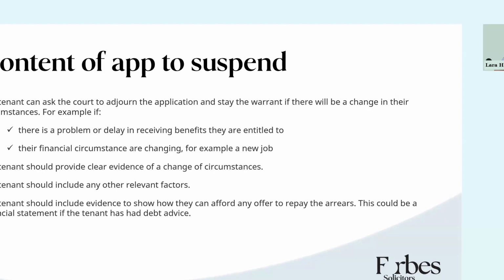Therefore, if they're evicted, they're going to experience exceptional hardship. Finally, the tenant should include evidence to show how they can afford to offer to repay the arrears. And again, this can be a financial statement. If the tenant has had debt advice, that would be something that has been discussed with them and provided to the court, that they can afford to pay X amount.